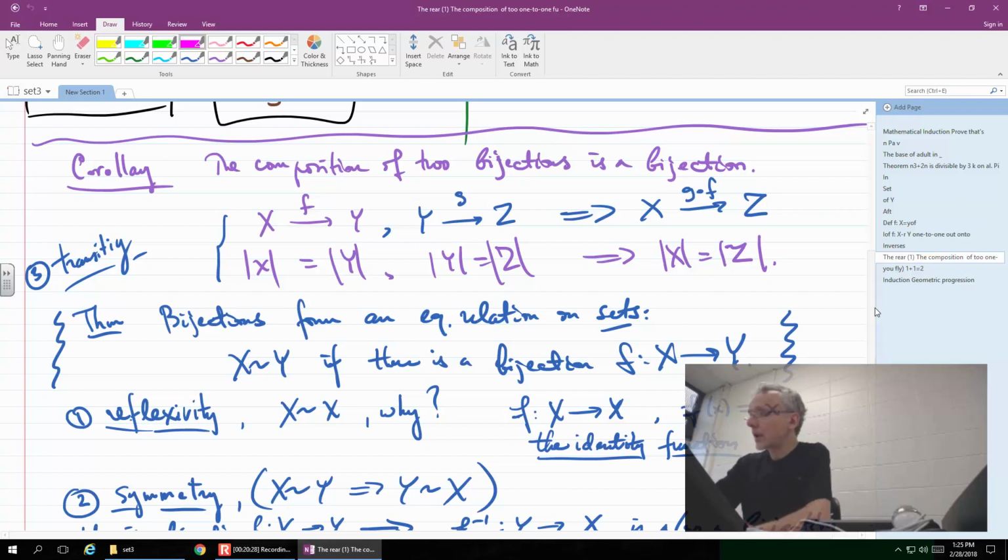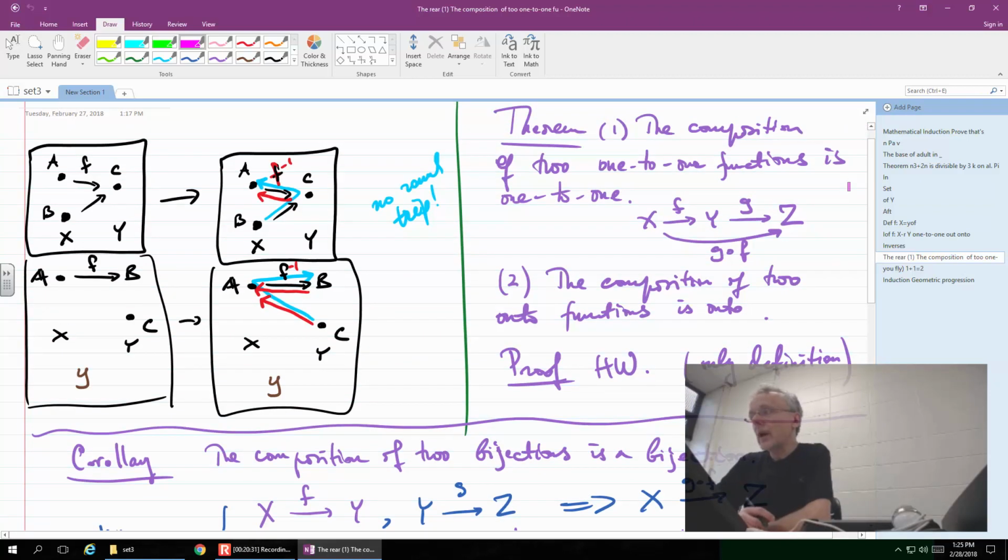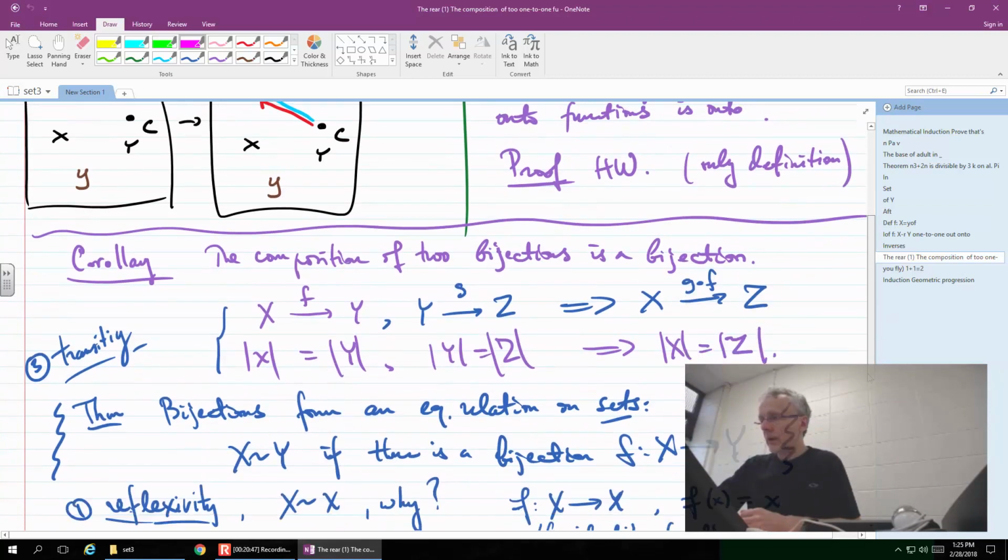That comes from this proof over here. 1-to-1 onto composed with 1-to-1 onto is 1-to-1 onto, and same for two 1-to-1s composing into 1-to-1, and two onto functions composing into onto. So that is why two bijections give me a bijection.